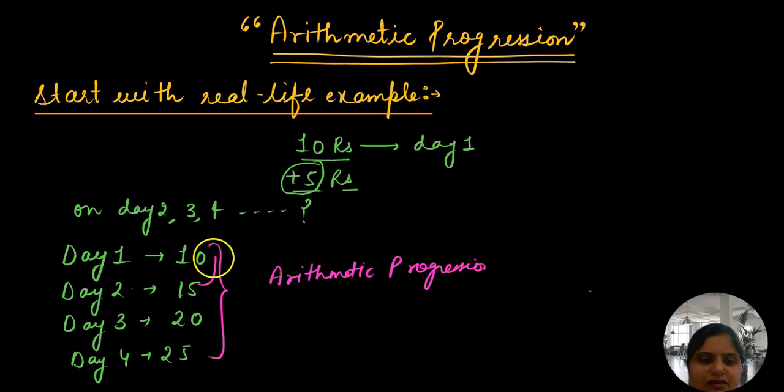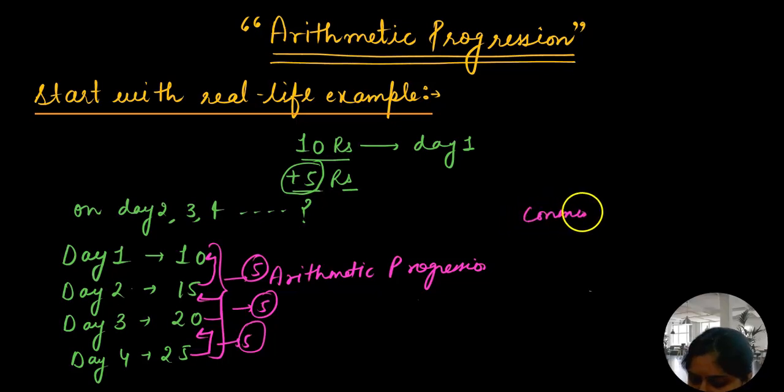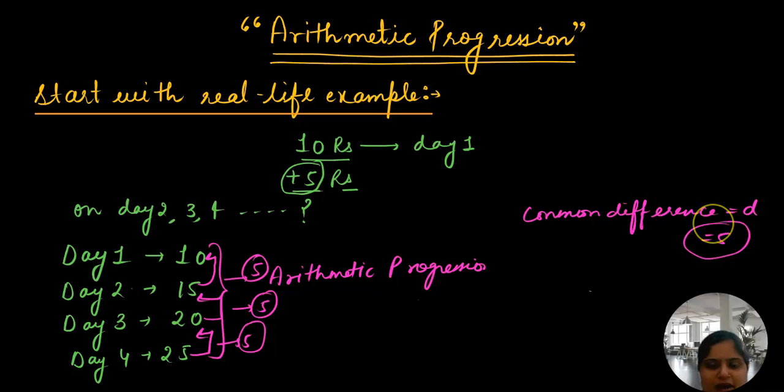Because the difference between them is common. 15 minus 10 is 5, 20 minus 15 is 5, 25 minus 20 is 5. So there is a common difference, and we denote the common difference by d. So the common difference in this sequence is d, equal to 5. That's why it is the same, and we can say it is an arithmetic progression.